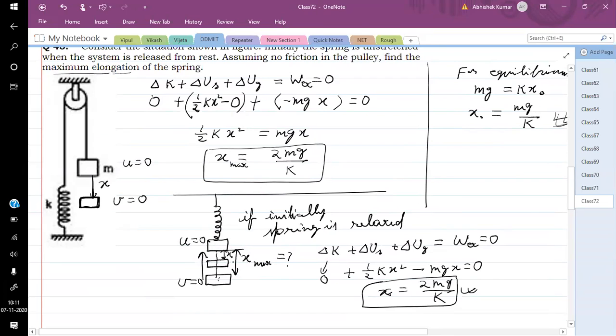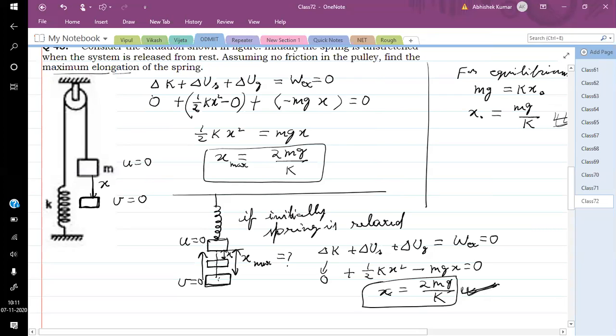But by the time it reaches here, it has acquired some downward velocity, and because of that it keeps on moving further, and this time the spring force becomes more and gravity is now less. But because of the velocity, the object keeps on moving further, and finally it stops at this point, 2mg by k.